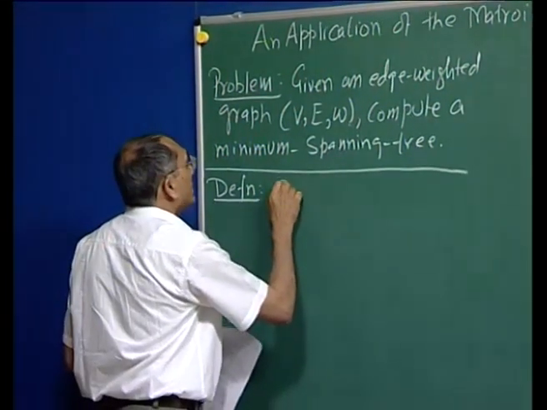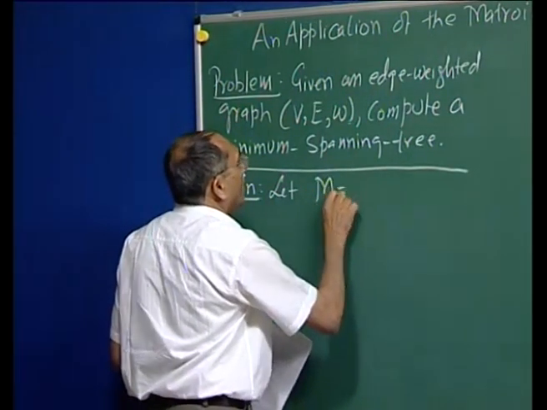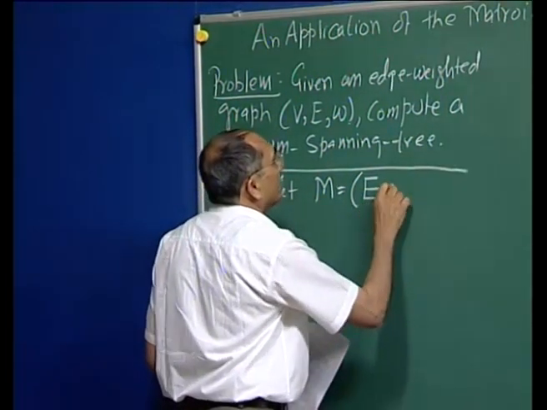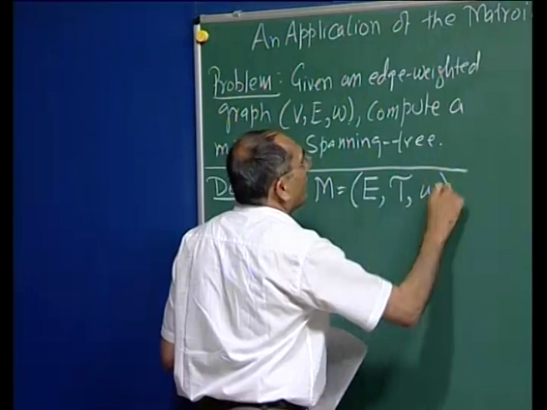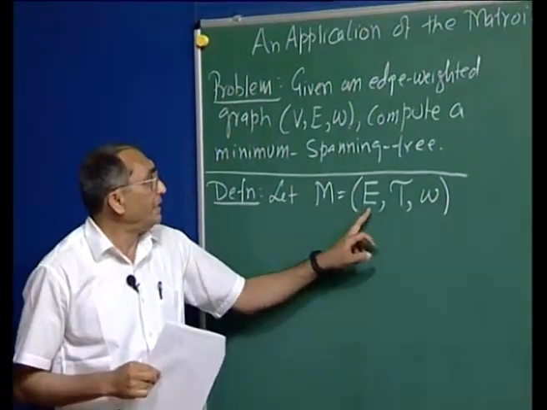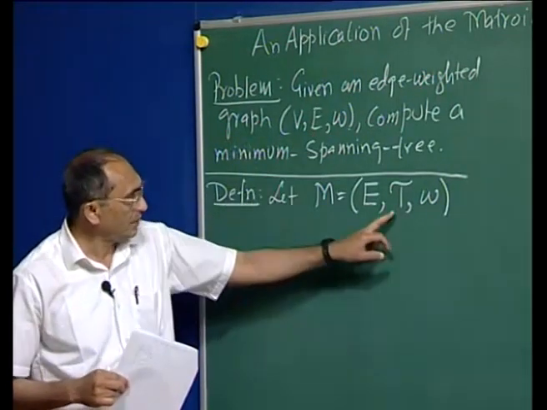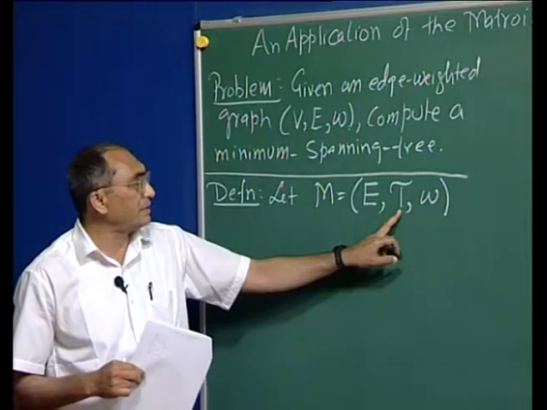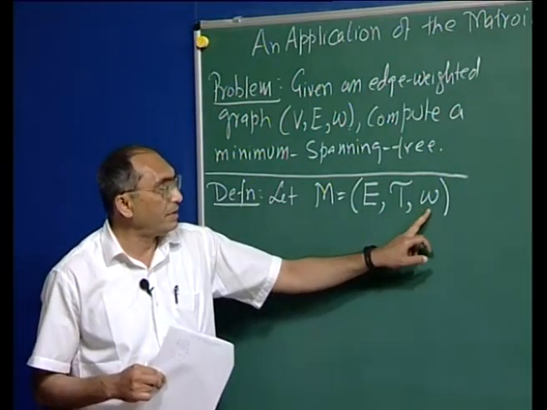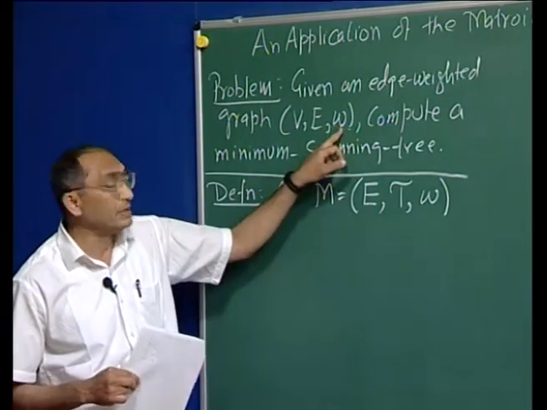Let M be this 3-tuple where E is the edge set of the graph, script T is the subsets of E which we will describe in a minute, and W is the same weight function on the edges that was given in the graph.